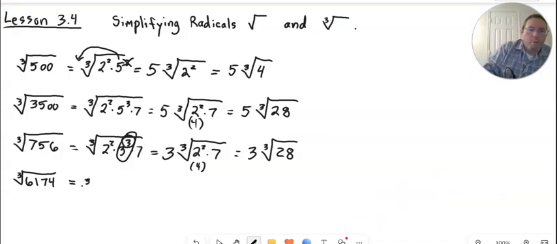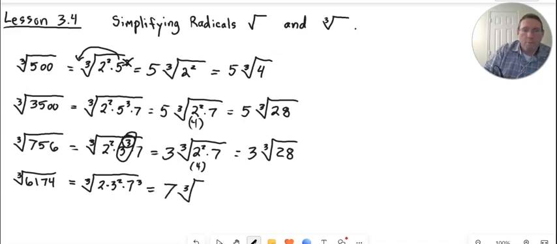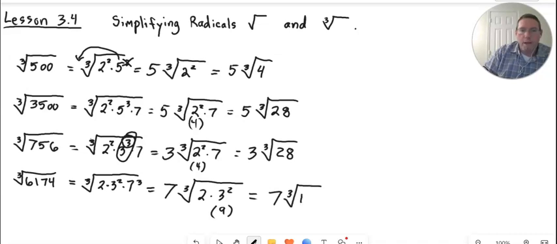So we get the cube root of 2 times 3 squared times 7 cubed. And the cube on the 7 is going to cancel. So the 7 will come out. And then we'll have the cube root of 2 times 3 squared. Well, 3 squared is the same thing as 9, and 9 times 2 is 18. And so what we wind up with is 7 times the cube root of 18, and that is our last example.